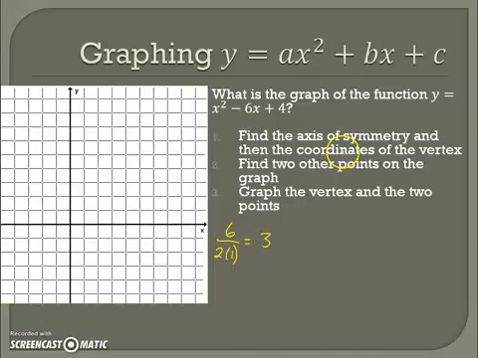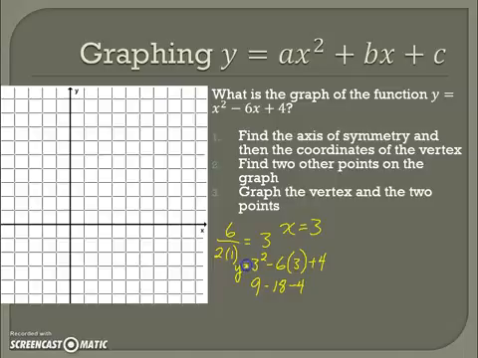Now, this is my axis of symmetry right here, x equals 3. I need to find the coordinates, so I substitute 3 in for x up here. So I would have 3 squared minus 6 times 3 plus 4. Well, that's 9 minus 18 plus 4.